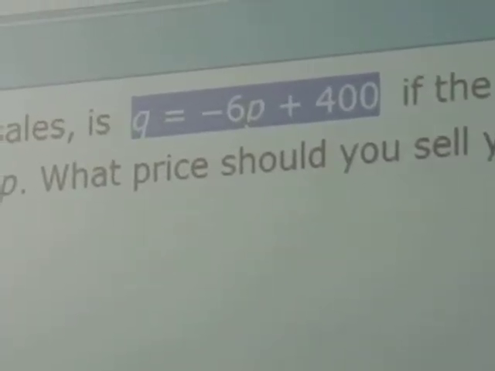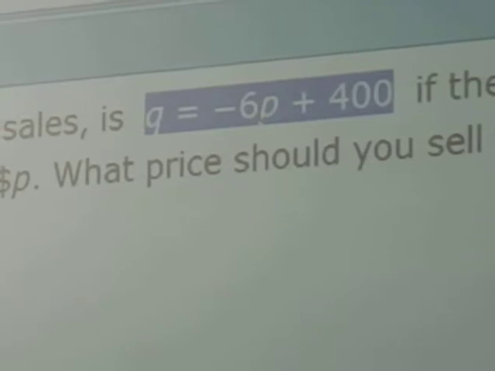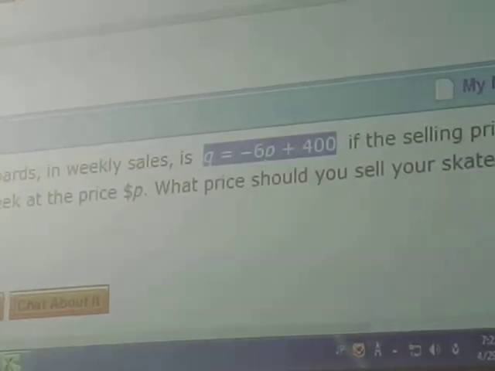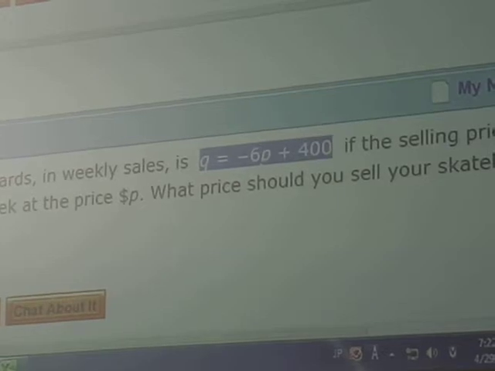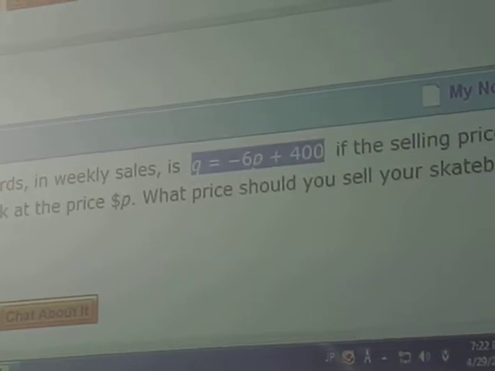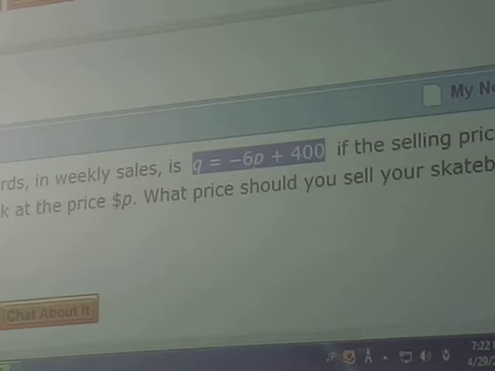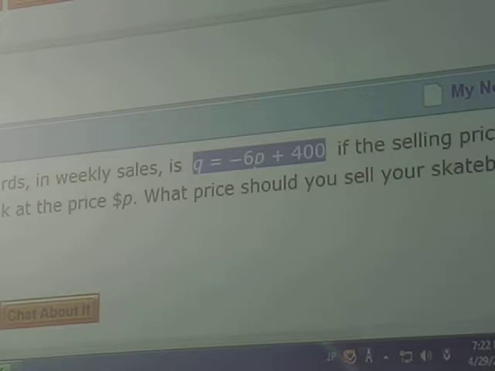And it's demand, so we hope that it is downward sloping. And is this linear? Yeah, this is linear. So that's basically as simple as we can get. This is a linear model for demand.